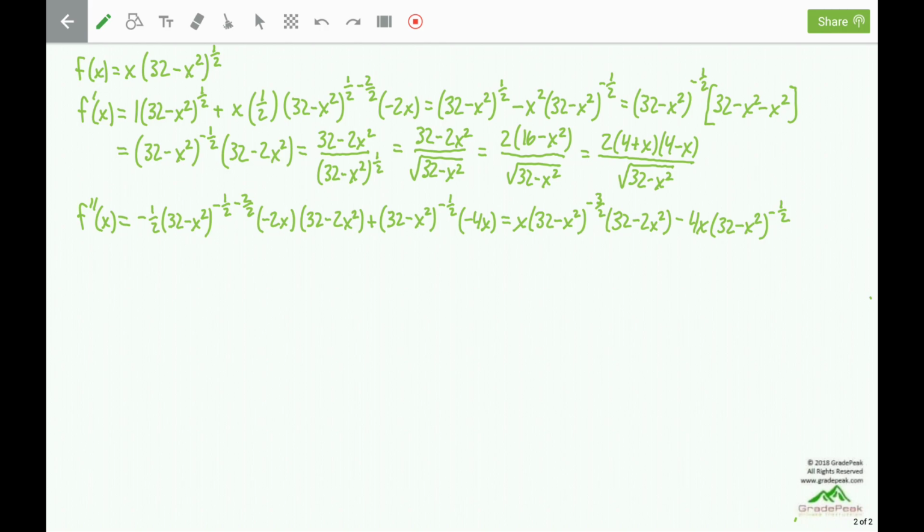We want to fully factor the second derivative. There's a common factor of x in each term, as well as a power of 32 minus x squared. And we can factor out the lower of the two powers, and that will be the negative 3/2. It's lower by being more negative.